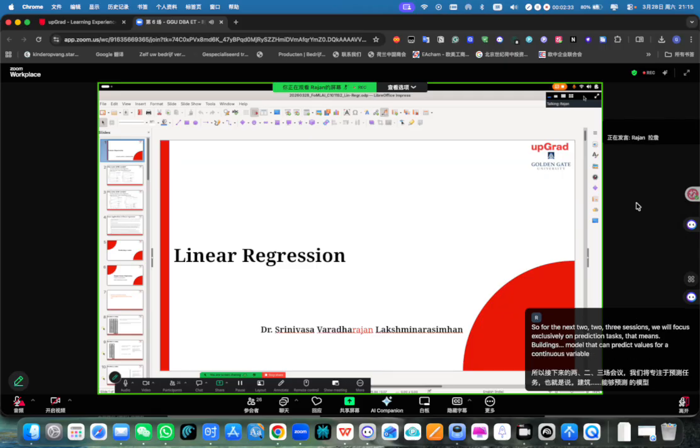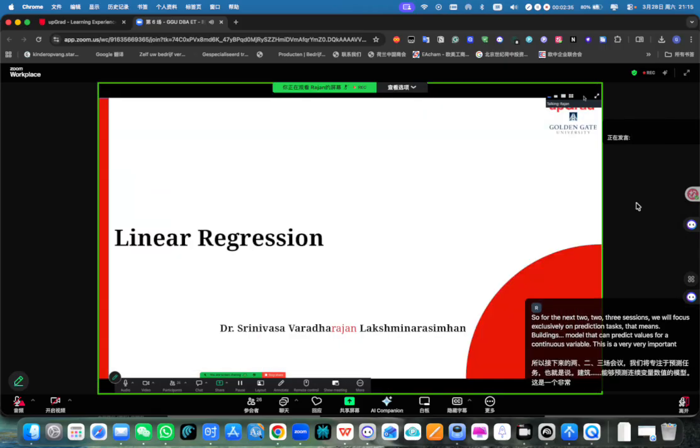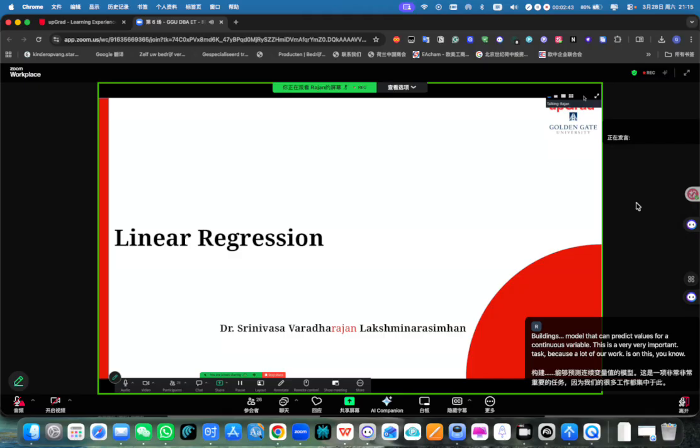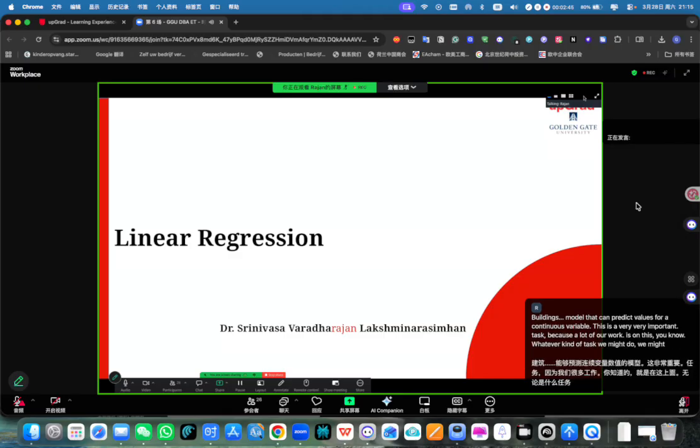This is a very, very important task because a lot of our work is on this. Whatever kind of task we might do, we might be interacting with LLMs, doing all these sophisticated tasks, but at the foundations of it, most often we are actually predicting some values.